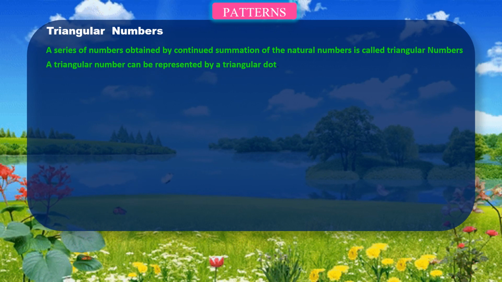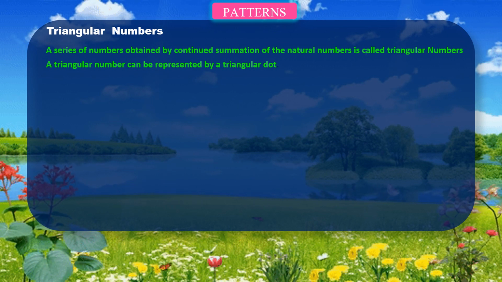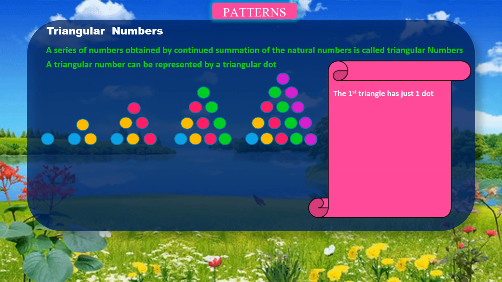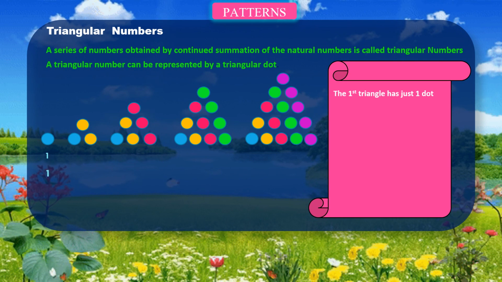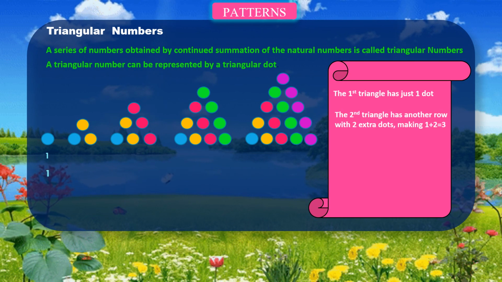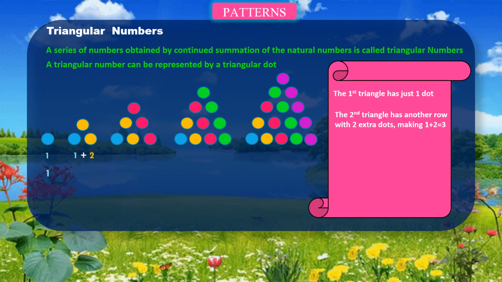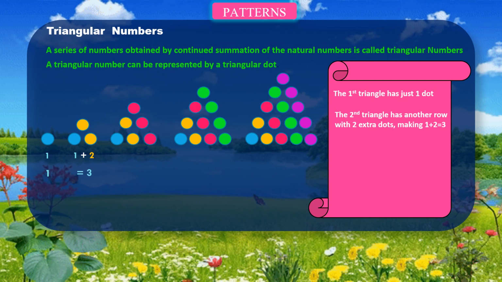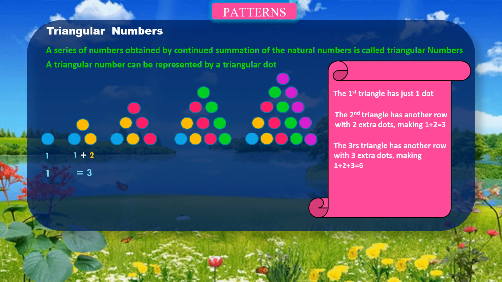A triangular number can be represented by a triangular arrangement of dots. The first triangle has just one dot, that is 1. The second triangle has another row with 2 extra dots, making 1 plus 2 is equal to 3.